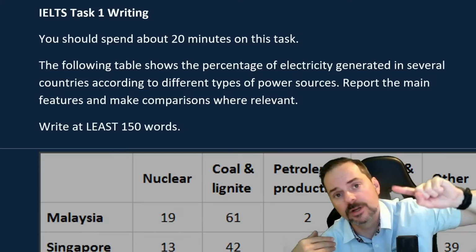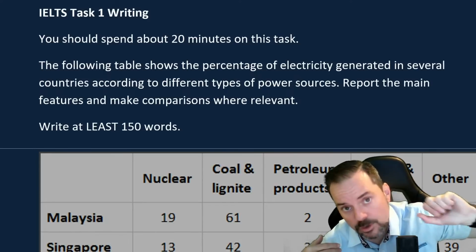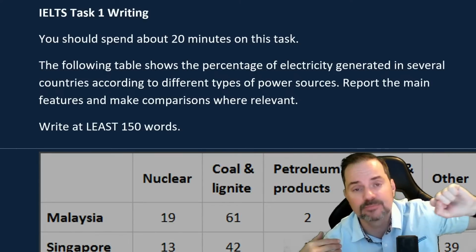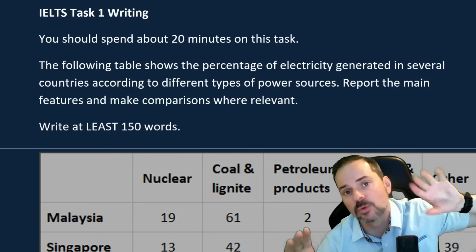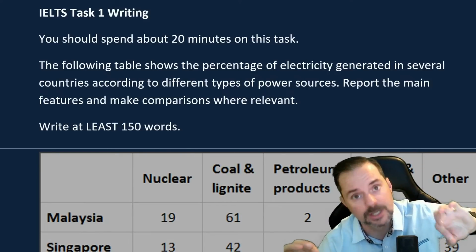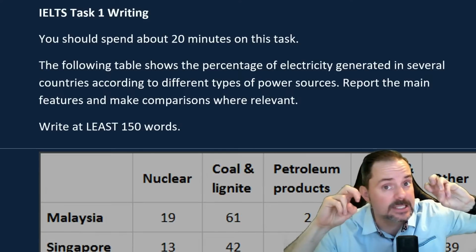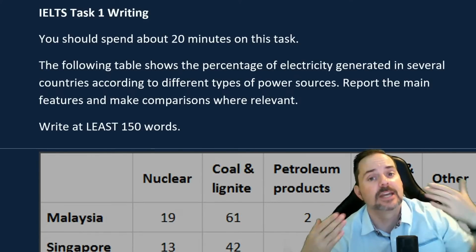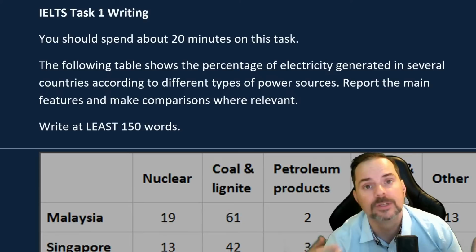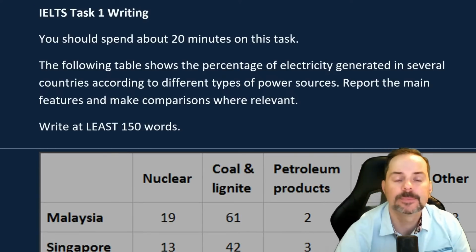Task 1, 20 minutes. Task 2, 40 minutes. Task 2 is worth about 65%. Task 1 is worth about 35%. Start with task 1. It should be the easier task to get you going, as long as you know what you need to do. It's also the shorter task, okay?